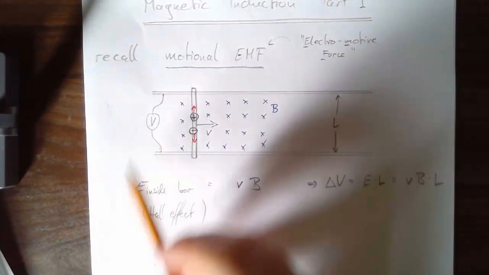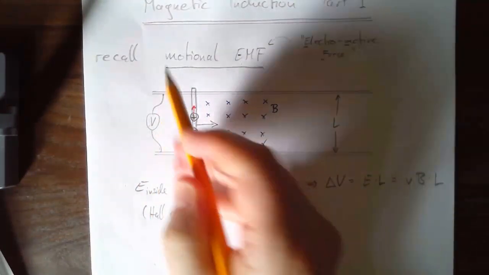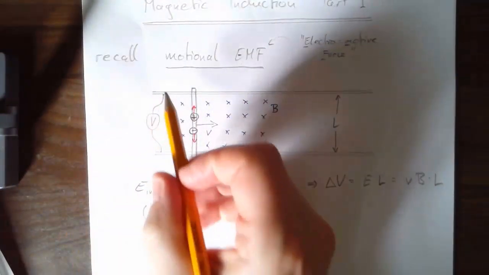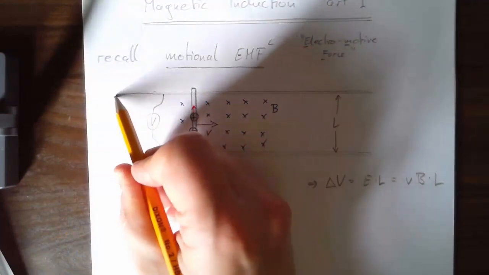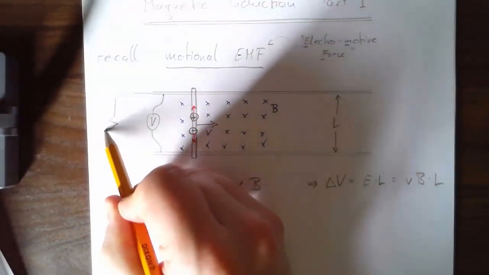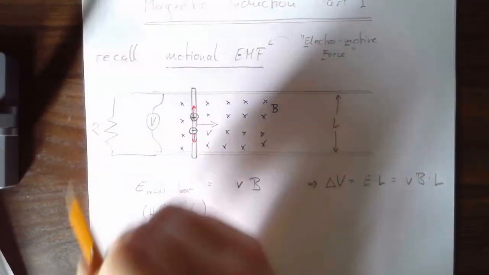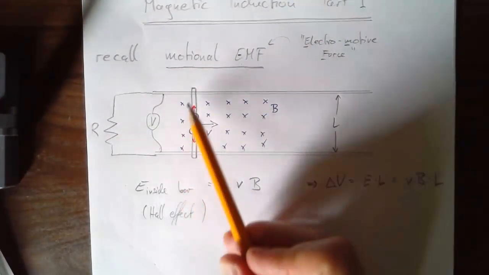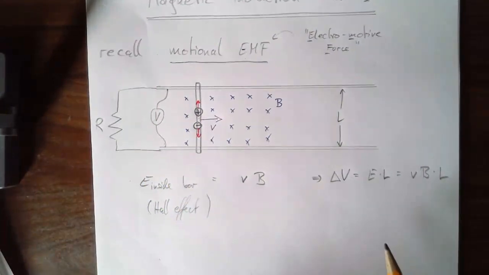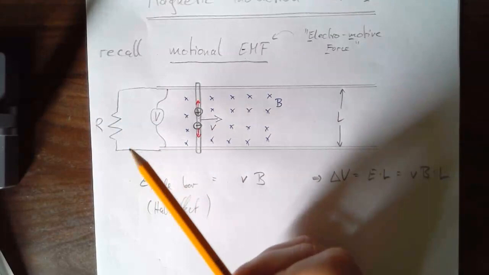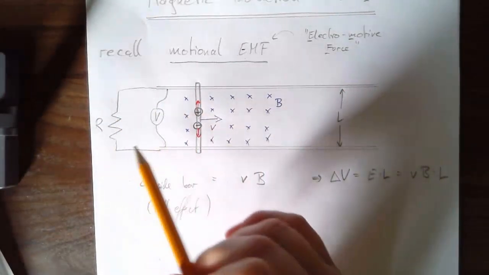Not with a voltmeter, where there's no current going through it because it has infinite resistance. If you imagine doing something like this, maybe I have just a resistor R here, then I'm going to get a current. If you hook those two up, you're going to get a current. Positives go this way.